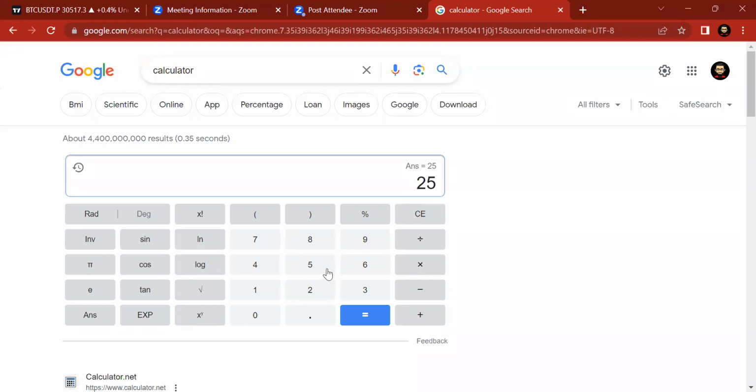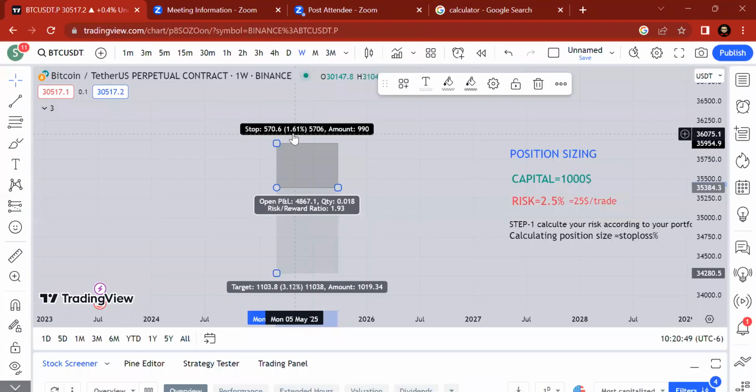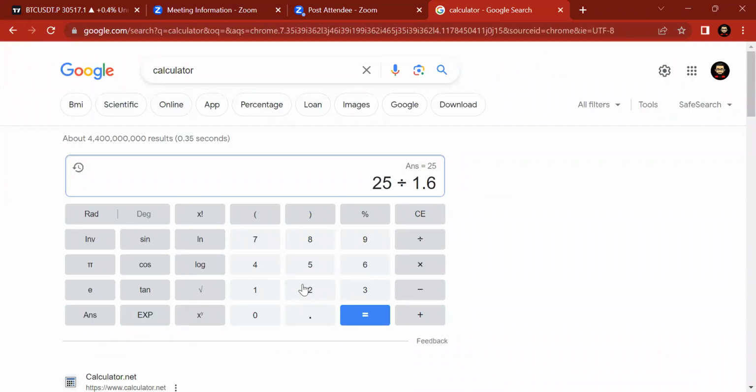First of all, you put $25. Now divide by the stop loss percentage, 1.61, and this percent is equal to this number. This whole number is your position size.